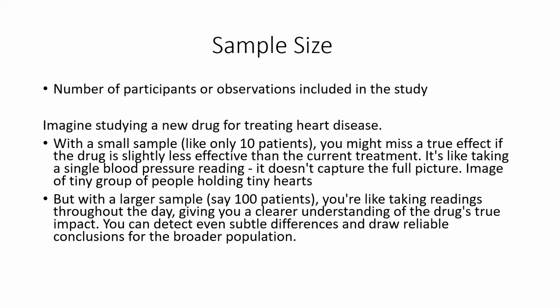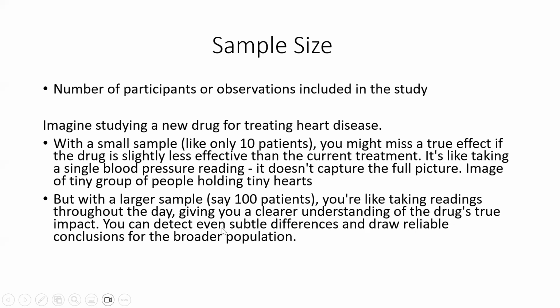Whenever you have a small sample size, your results may be impacted by the confounding variables. But if the sample size is very large, it is like taking a reading throughout the day, giving you a clear understanding of the drug's true impact.